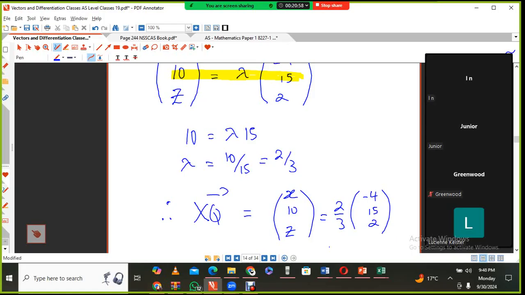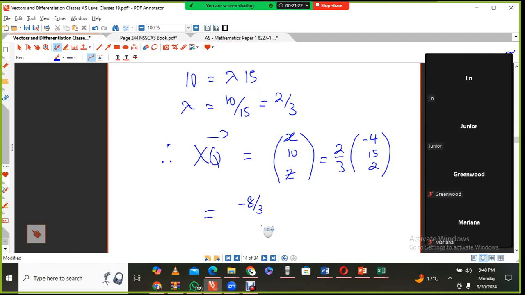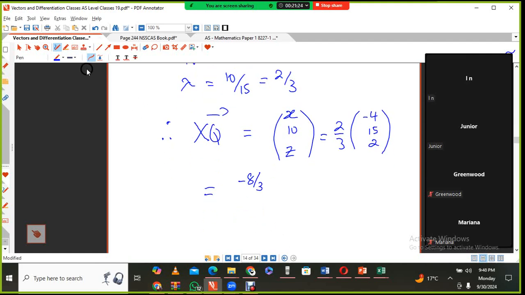Okay, so now at the end of the day, my answer will be to multiply that 2 over 3 with everything there. What is 4 times 2 over 3? Minus 8 over 3. What is 2 over 3 times 15? 10. So you multiply this with each component.